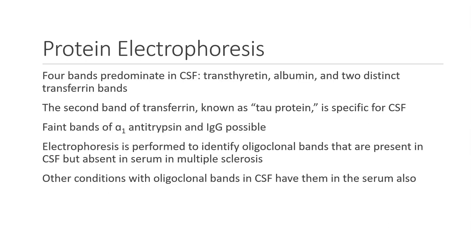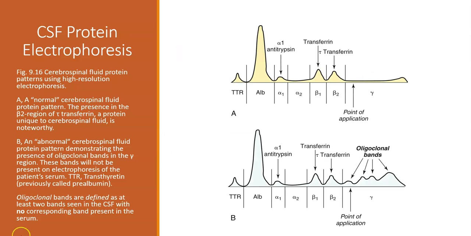Electrophoresis is performed to identify oligoclonal bands that are present in CSF, but absent in the serum in multiple sclerosis, and I want you to know that. Other conditions with oligoclonal bands indicate cerebrospinal fluid protein.